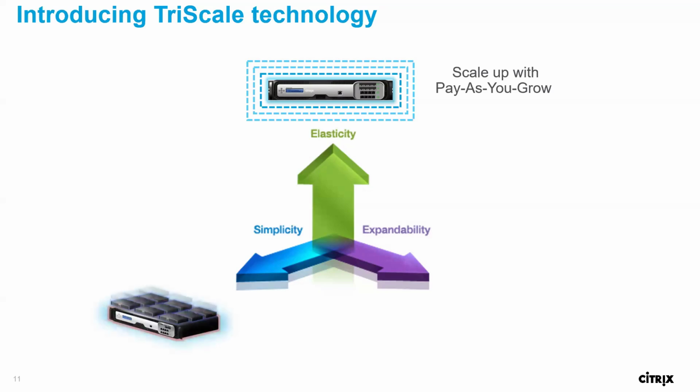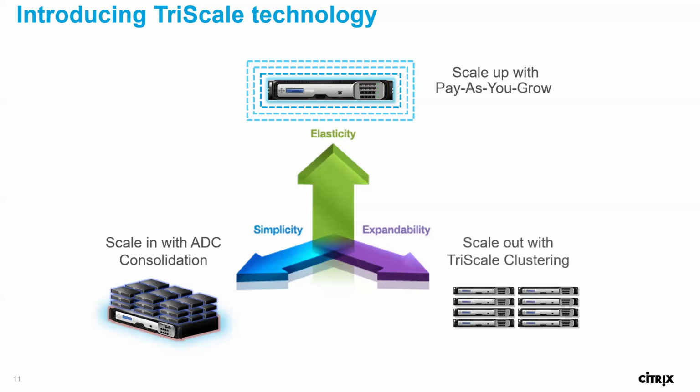Clear? Simplicity. So we have an SDX box, and we can implement it. If we require more bandwidth, we can deploy more NetScaler virtual appliances. Expandability: we have a cluster option. We can add one after another up to 32 nodes.